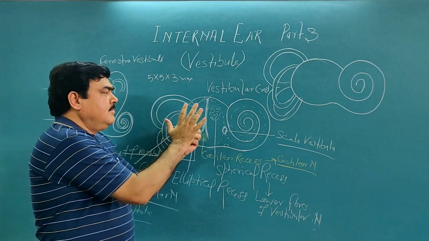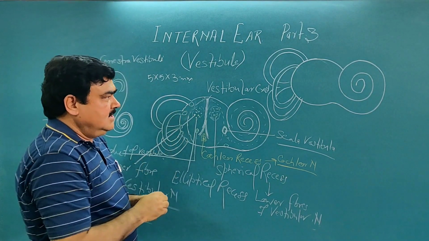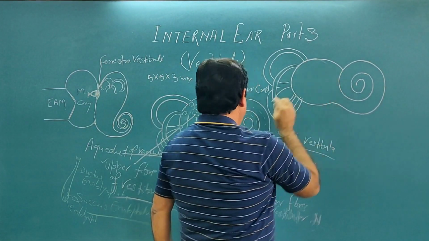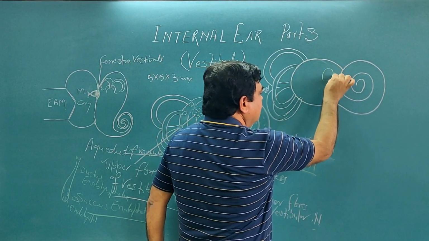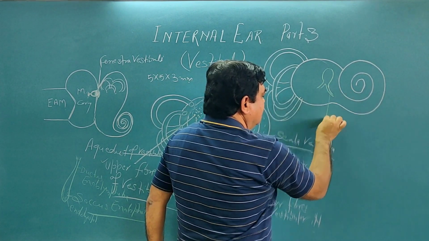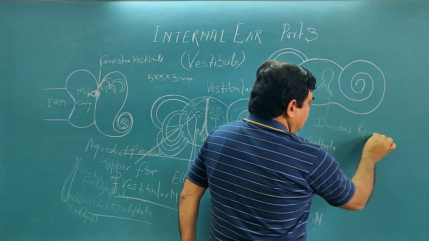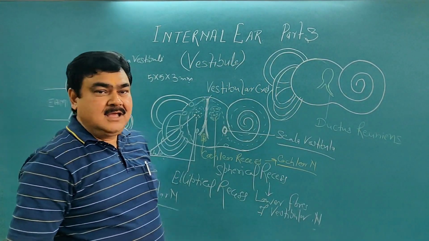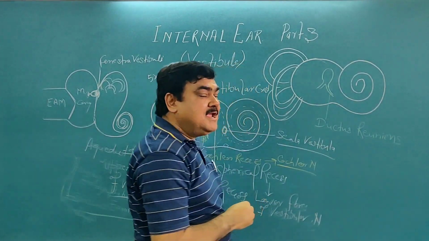And as you know, between the anterior and posterior, between the lateral and medial wall, there is the membranous labyrinth. Here is the position of the saccule. This saccule is attached with the ductus reuniens. Through this ductus reuniens, it is attached with the scala media.